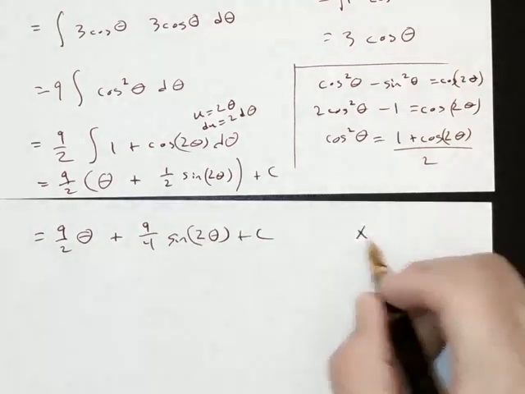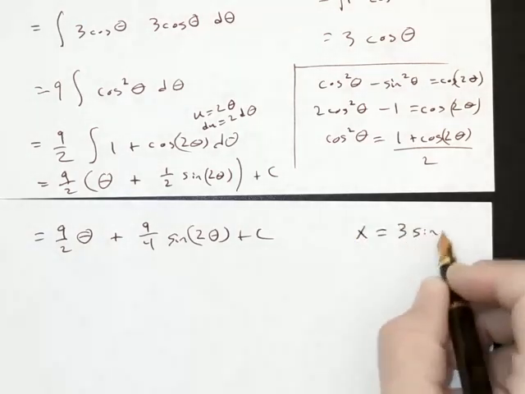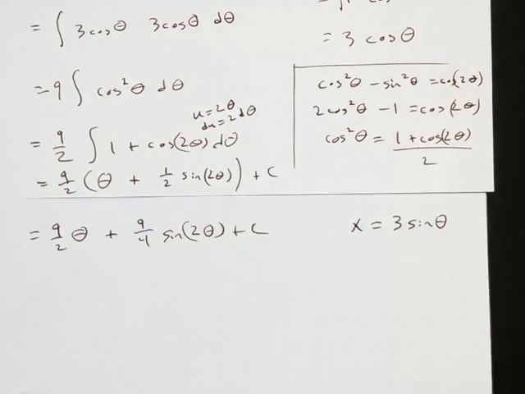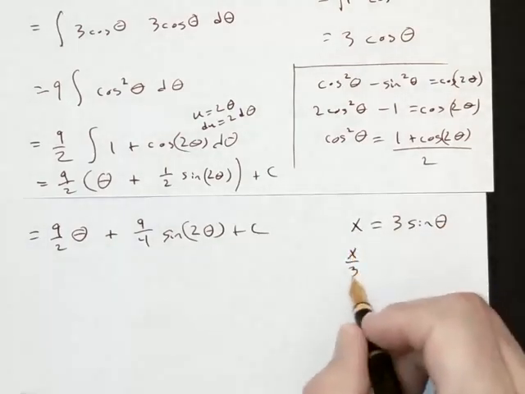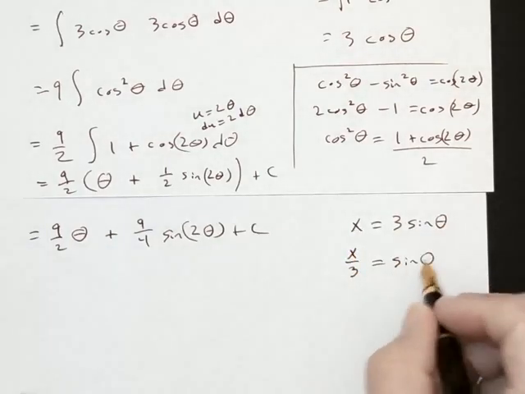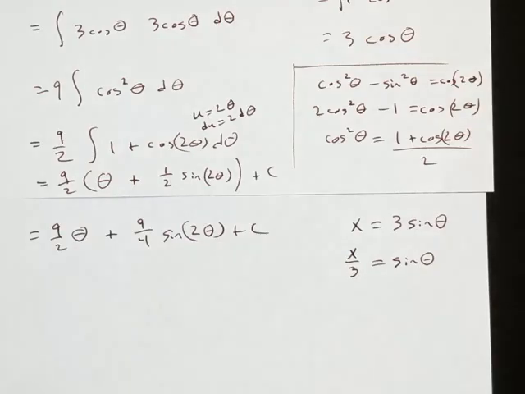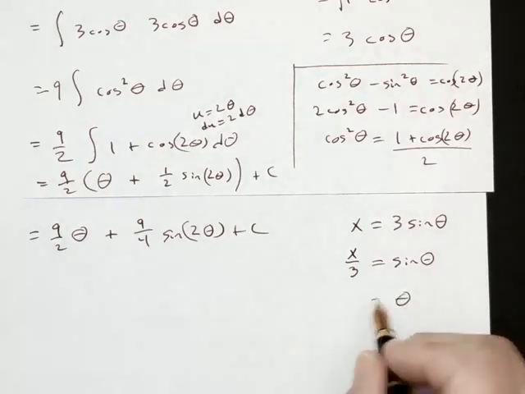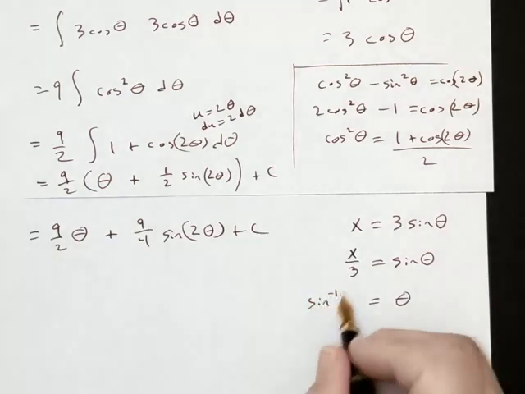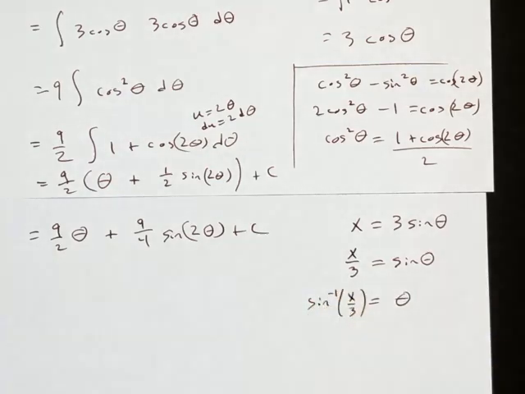Okay, so over here I'm going to write, remember that x equals 3 sine of theta, or x over 3 is sine theta. Which means if I want theta, I do the inverse sine. Great, I now know what to do with this theta.